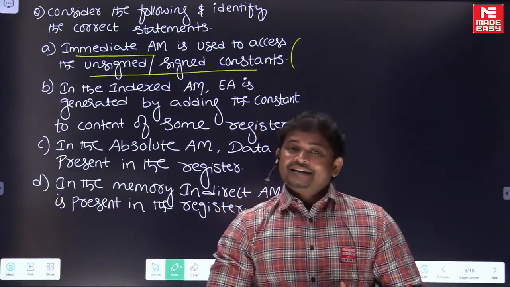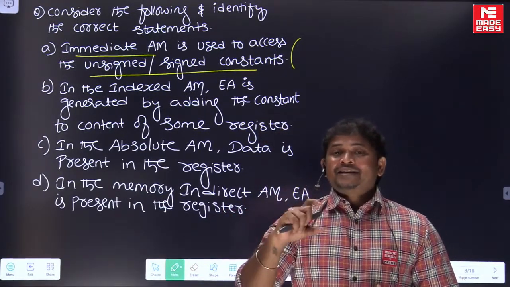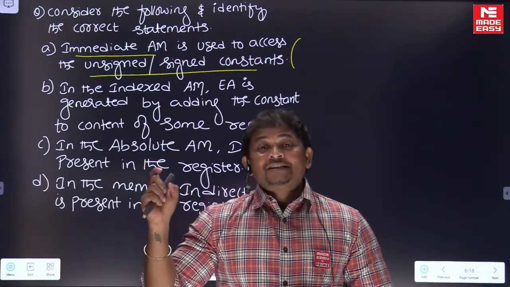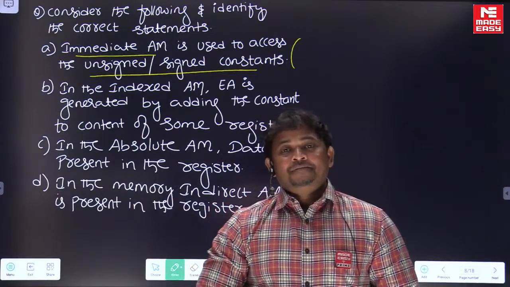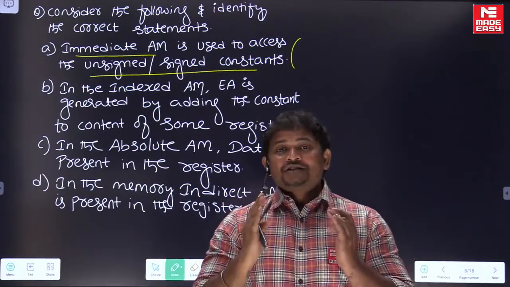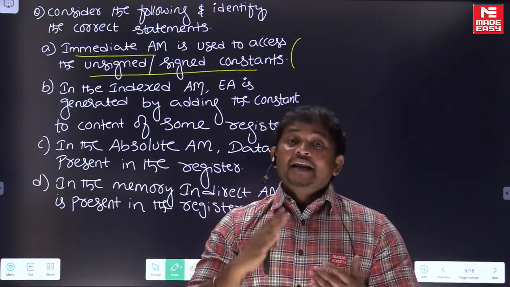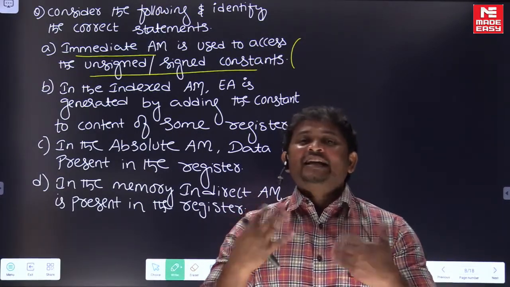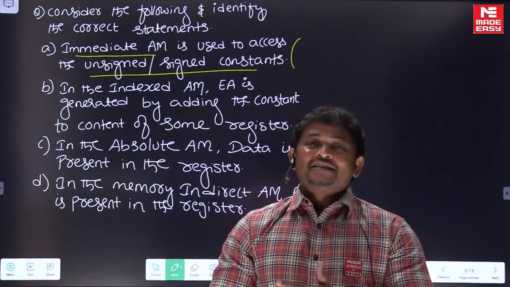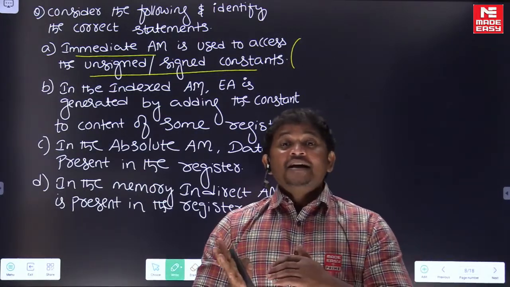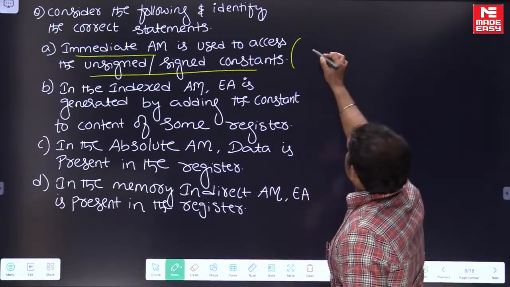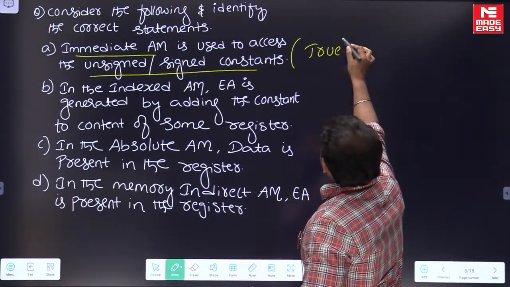This is a correct statement. When an instruction is designed with immediate addressing mode, the address field itself contains the data. That data may be unsigned data or signed data. Therefore, immediate addressing mode is used to access constants. This is true.